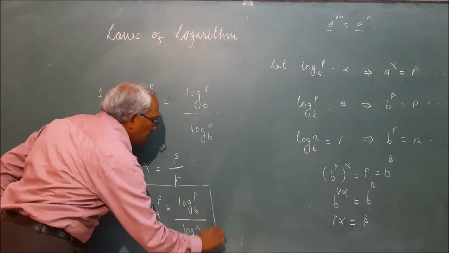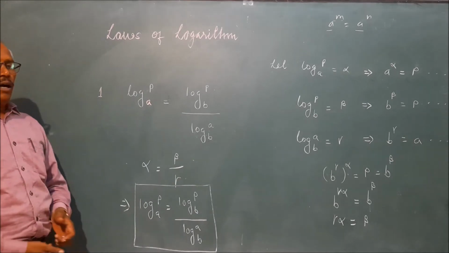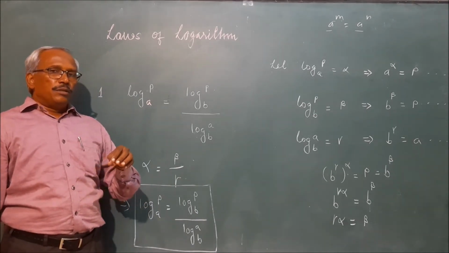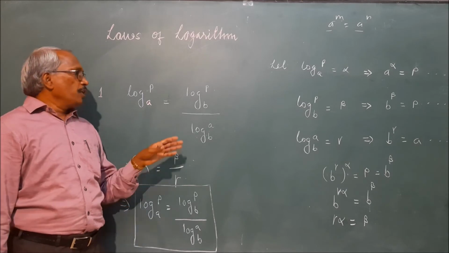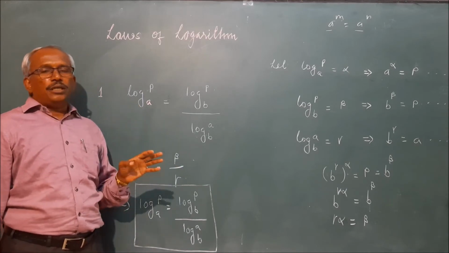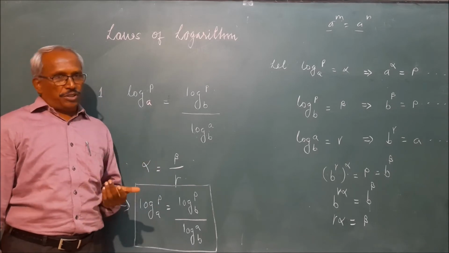This is the base change formula, how the base of a given logarithm can be changed into another base. Using this, we can change the base of a given logarithm to another base.